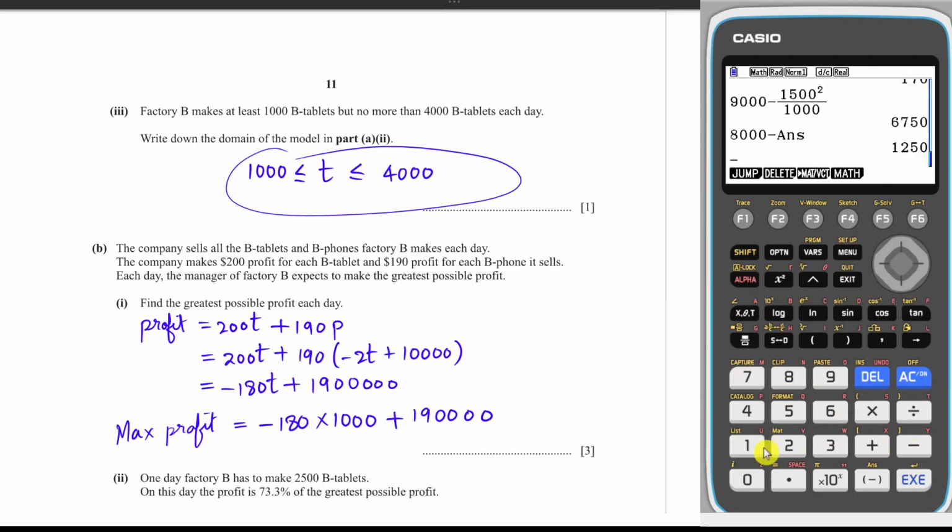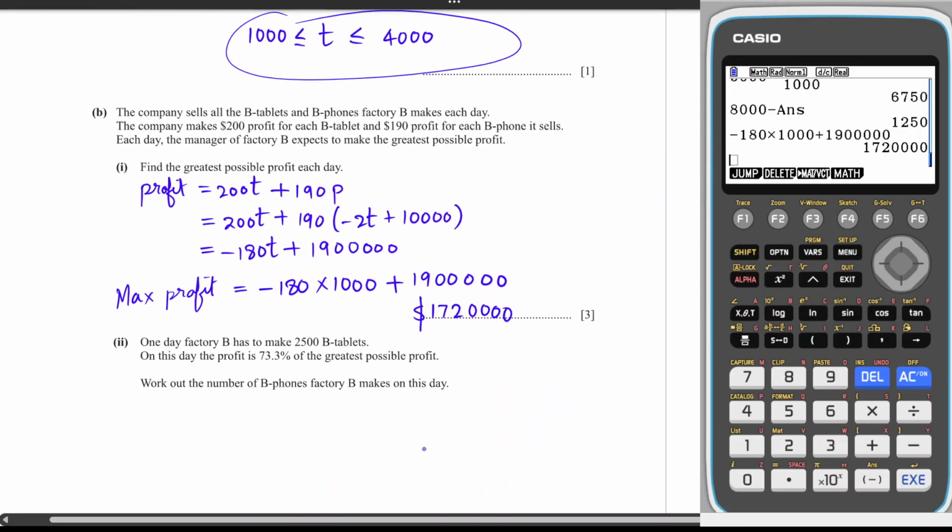Minus 180 into 1000 plus 1,900,000. Wait, hold on, I think I put one zero less over here. One more zero. So that gives you 1,720,000. Just be careful of zeros here.